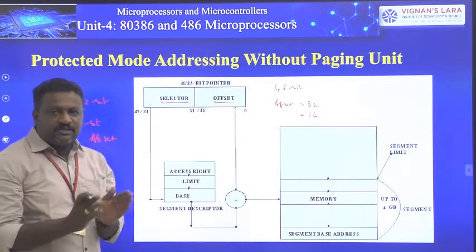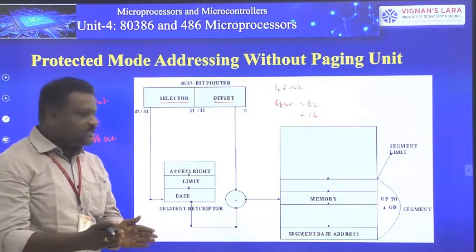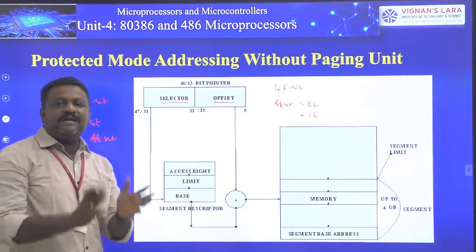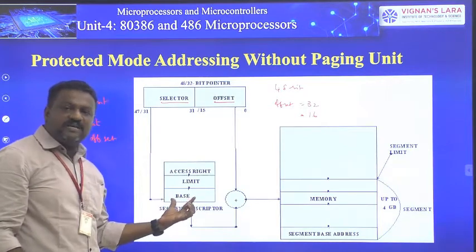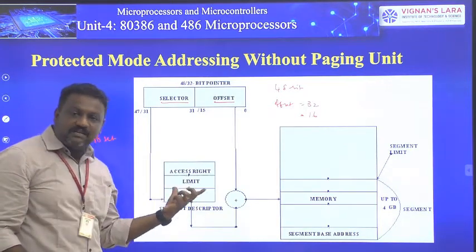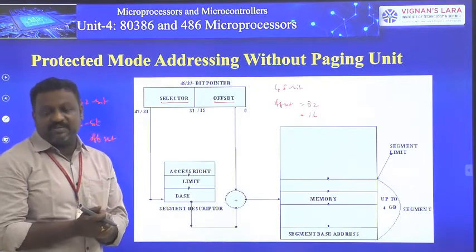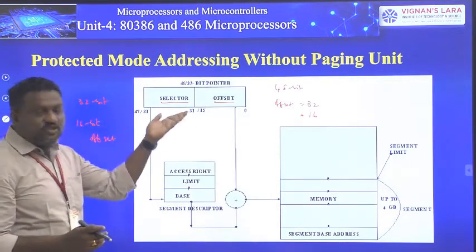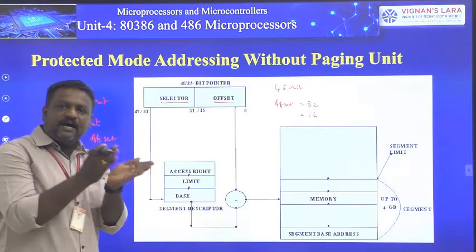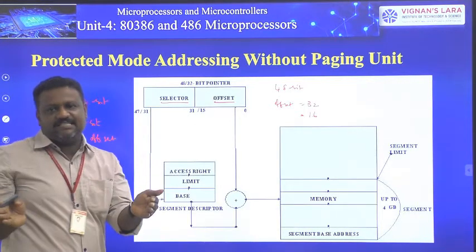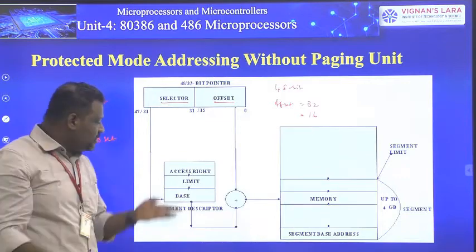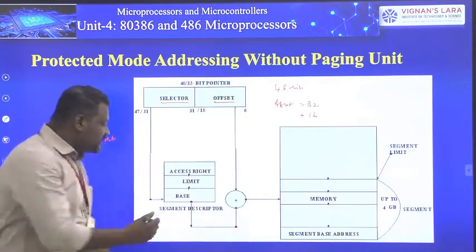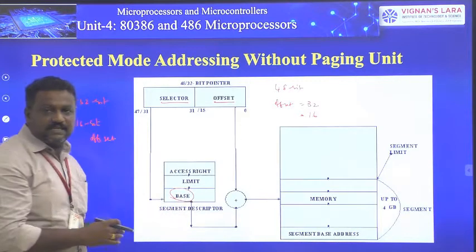This selector guides us to a segment descriptor, where I get my segment base address, the segment limit, and the access right bits. As I discussed, my segment register always provides a 16-bit segment selector, which guides me to the segment descriptor where I get my segment base address.